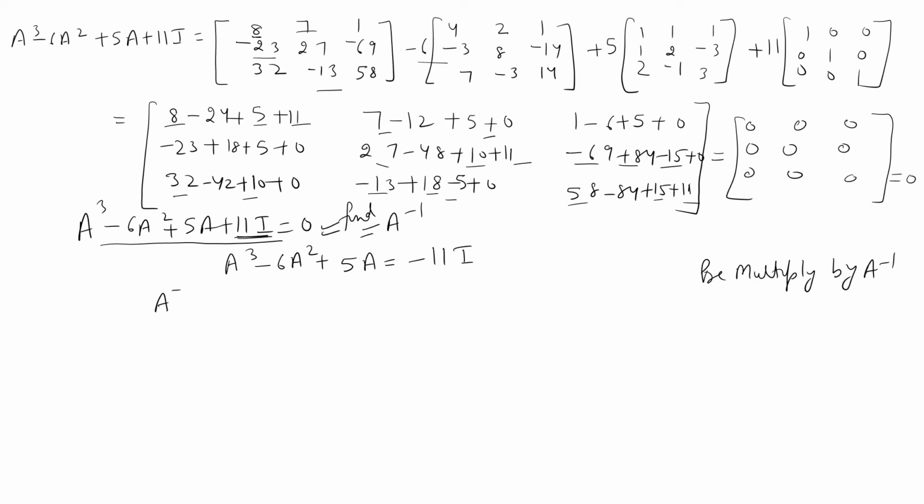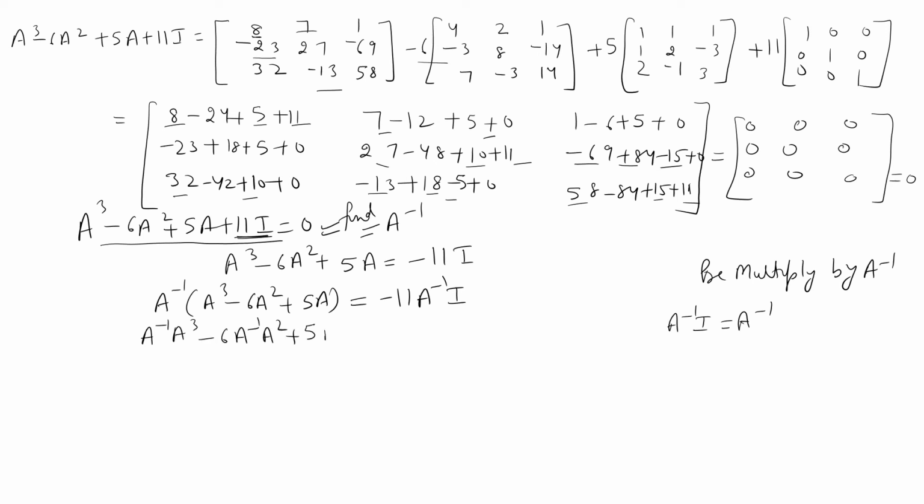So it becomes A inverse A cube minus 6A square plus 5A is equal to minus 11 A inverse into I. Now what is A inverse into I? A matrix multiplied by the identity matrix is the matrix itself, A inverse. And I will start opening it: A inverse A cube minus 6 A inverse A square plus 5 A inverse A, and this is equal to minus 11 A inverse.